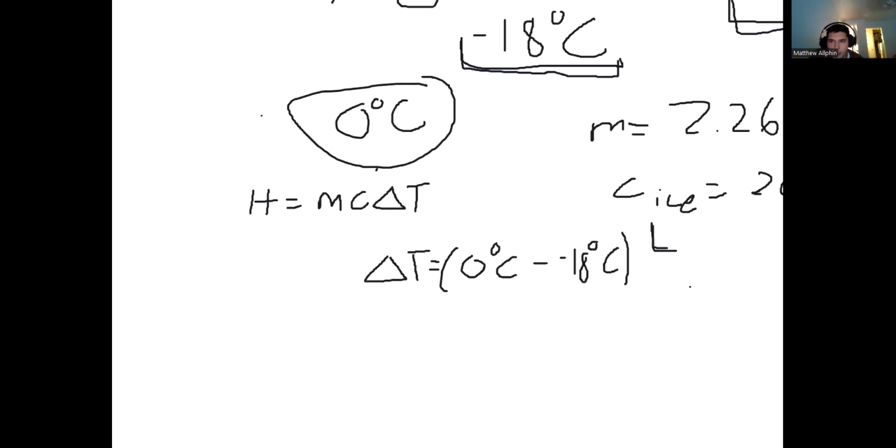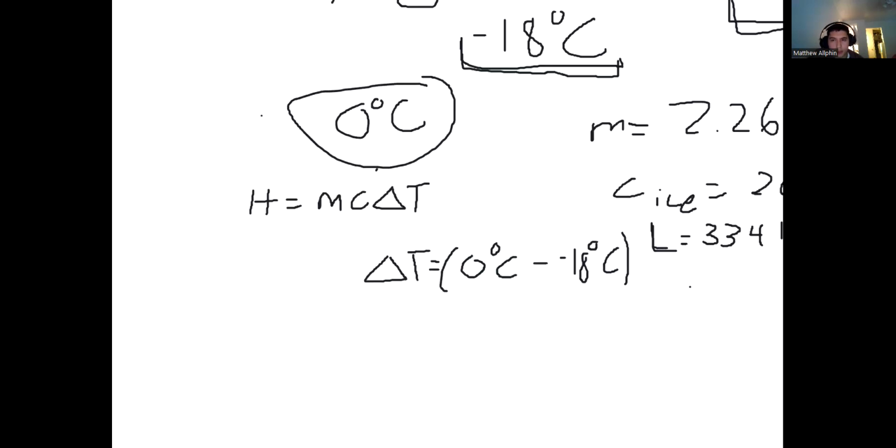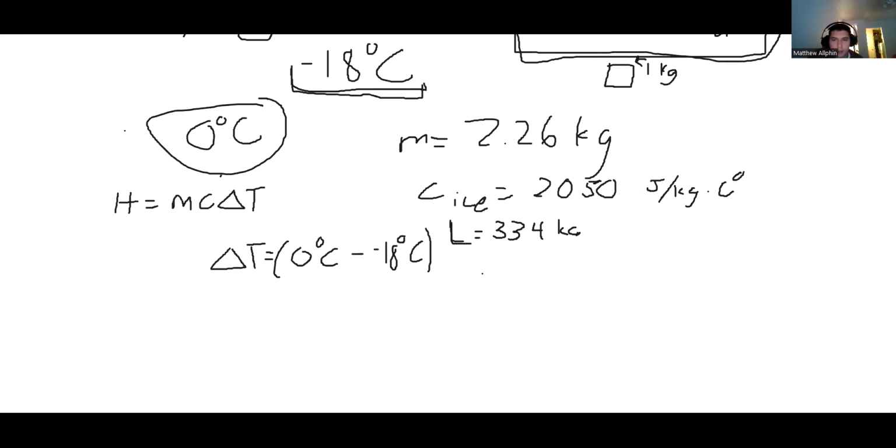And then the other one is the latent heat of fusion, which in this case is 334 kilojoules per kilogram, right?